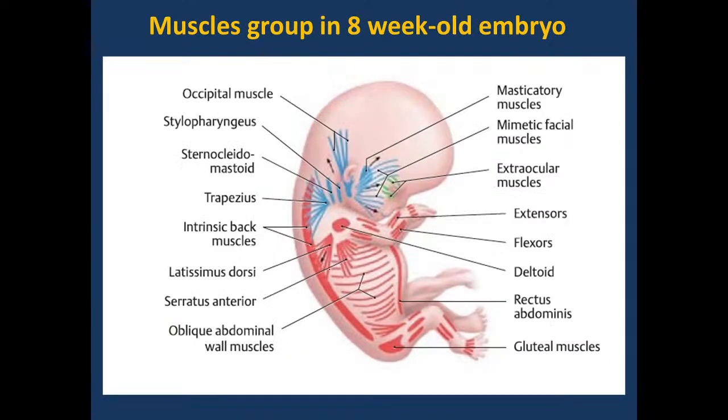And then you see that in 8-week-old embryo, we see that upper limbs are longer than the lower limbs.